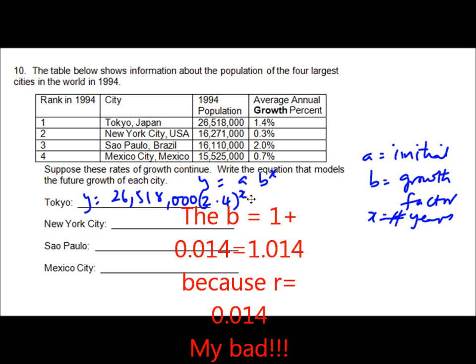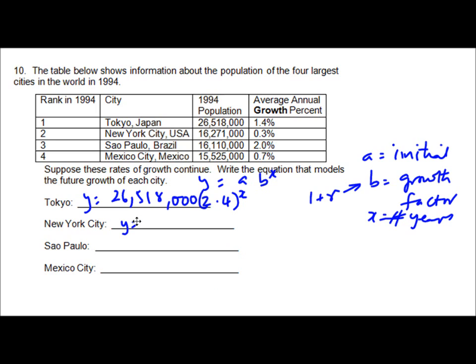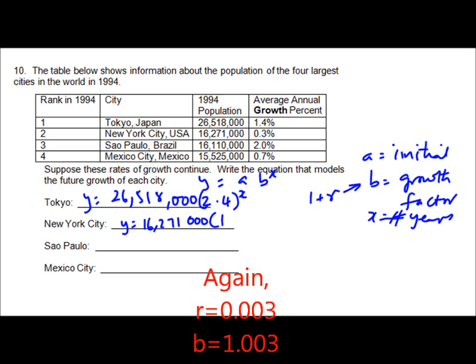In this case, it is plus, so 1 plus r. That is the reason why it is 1.014. New York City's population is not growing, actually it's decreasing, because you have 0.3. Oh, no. It is still growing, I take that back. New York City is still growing, so 16,271,000 is the initial amount. Now it is 1.003 to the x. I'm sure you can fill in these two.